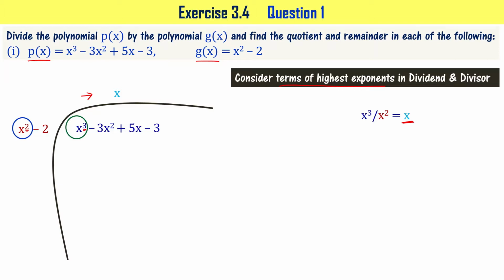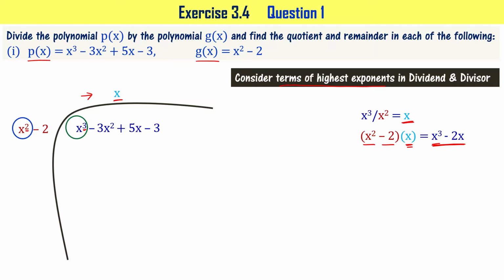Now I will multiply the divisor x square minus 2 with this x. When I do that, x square times x is x cube, minus 2 times x is minus 2x. Now we have x cube minus 2x as the answer.